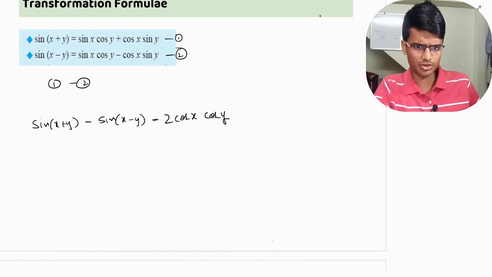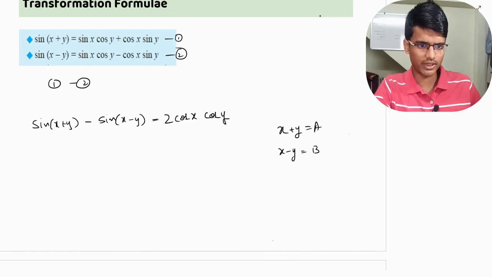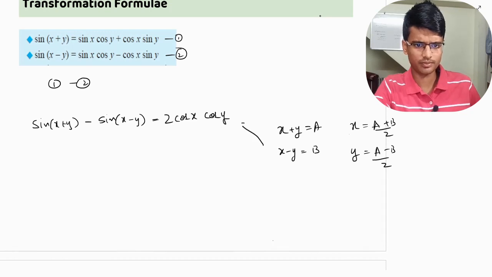On similar substitution, x plus y equal to a and x minus y equal to b, on adding both I'll get x equal to a plus b by 2 and y equal to a minus b by 2. Making these substitutions here, I get a new formula: sine a minus sine b is equal to 2 cos of a plus b by 2 sin of a minus b by 2.